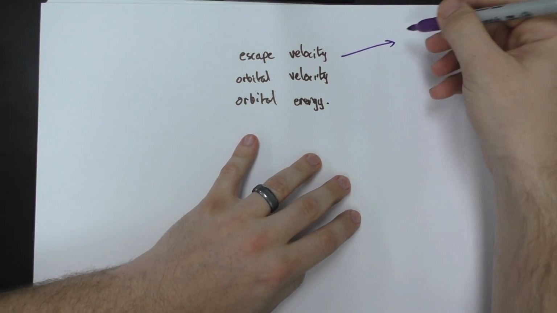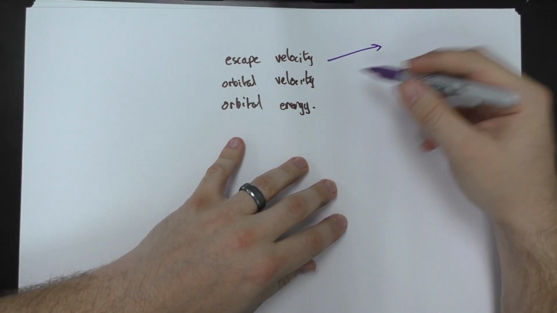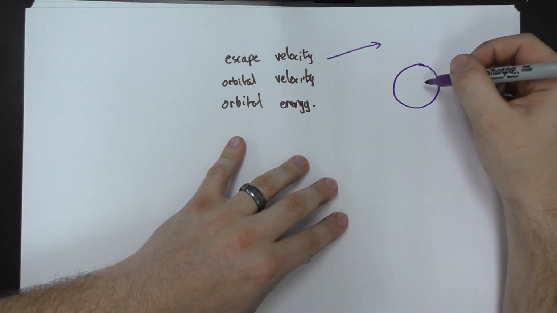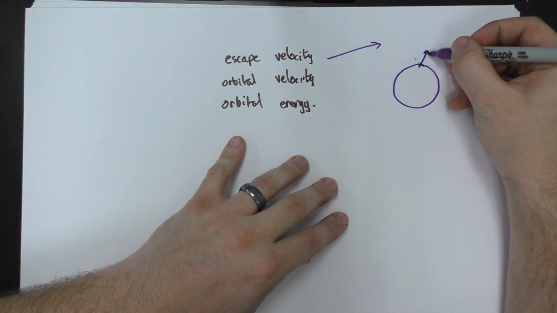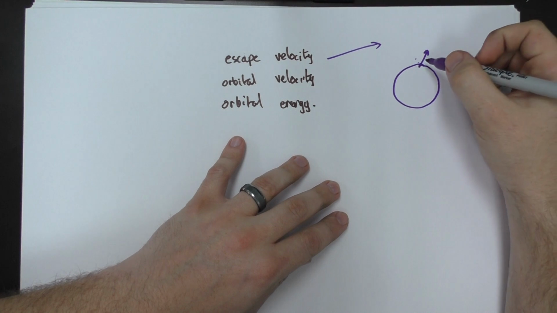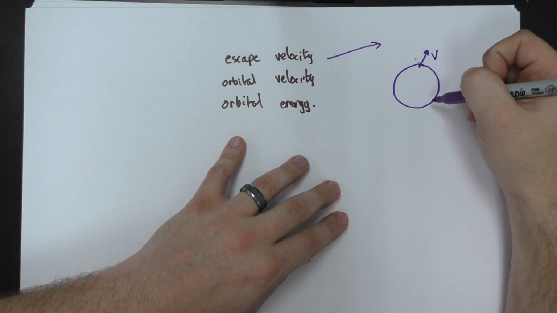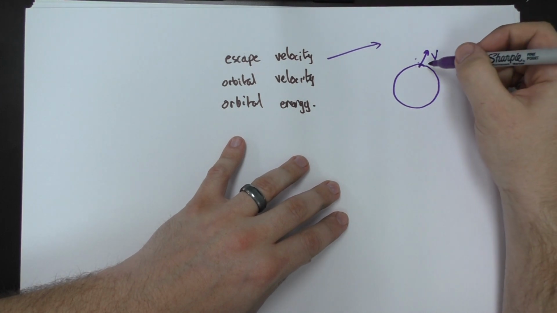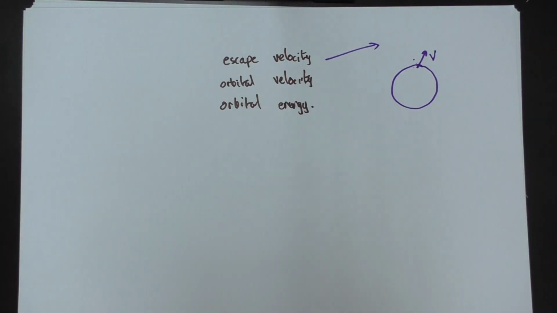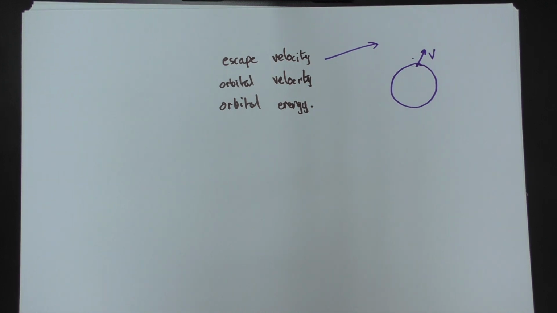Escape velocity, now it's a very simple idea, is the fact that you've got a planet, and in order to escape from it, to escape outside of its gravitational influence, you've got to have enough velocity, v, in order to escape that field. And that is a fixed quantity for any object, dependent on the gravitational pull that's there.